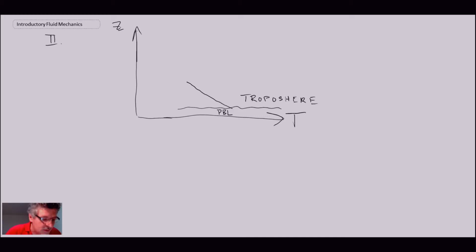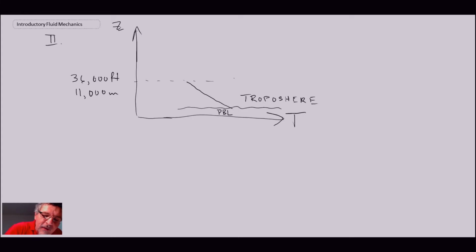The temperature will drop like that, and that goes up to about 36,000 feet or 11,000 meters. This is average. It depends upon the weather conditions, if you have fronts coming in, or where you are in terms of north or south on the globe. But typically it drops down linearly.